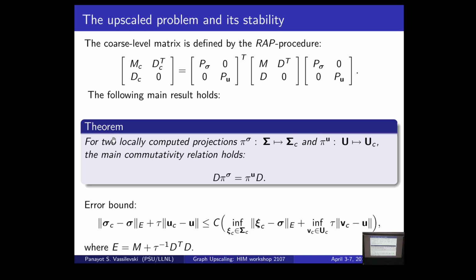You end up with this problem, and the question is how you solve it. Do we have a good solver for this one? If the problem is relatively small, which people assume in many applications when they do two-level upscaling, they do a direct solve. If you can do it by direct solve, you don't have to worry about that.